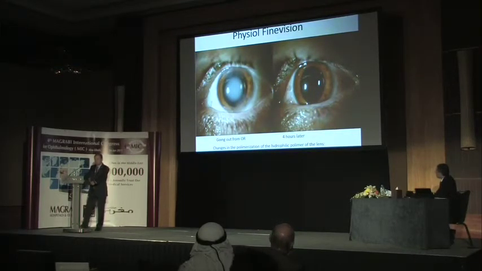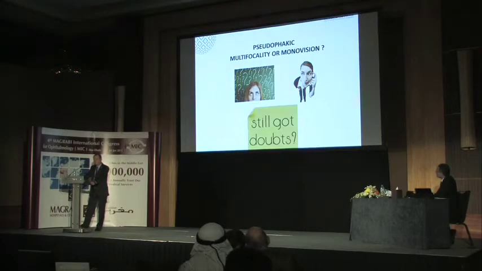It is due to changes in the polymerization of the hydrophilic polymer of the lens. Fortunately, as I told you, it is transient and goes away in 1 or 2 hours. Don't be frightened if you see it, or if you revise your patient when going out from theater.